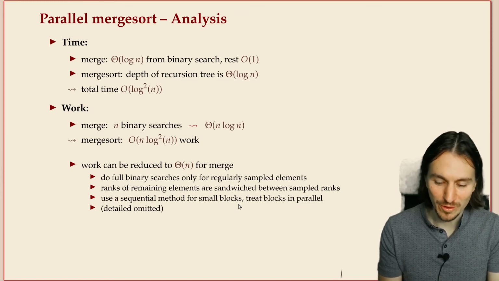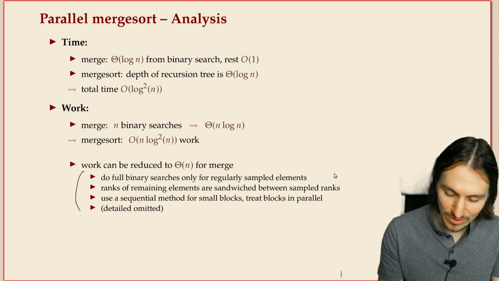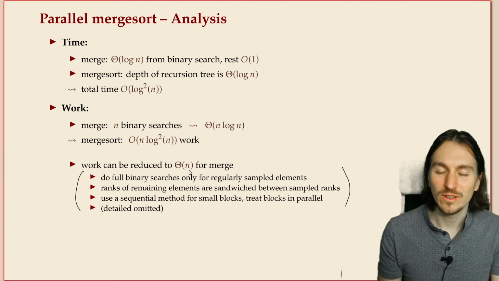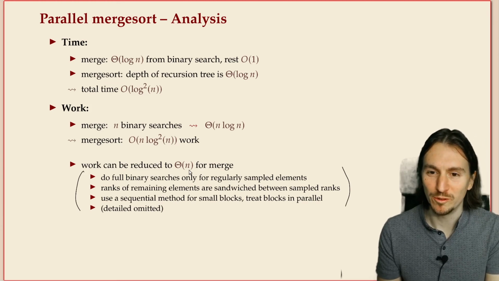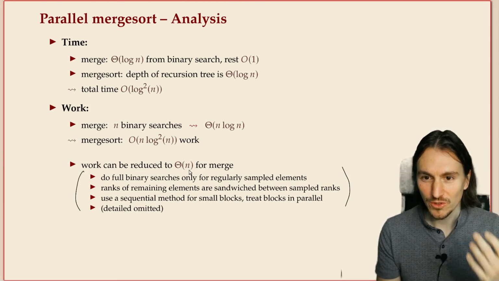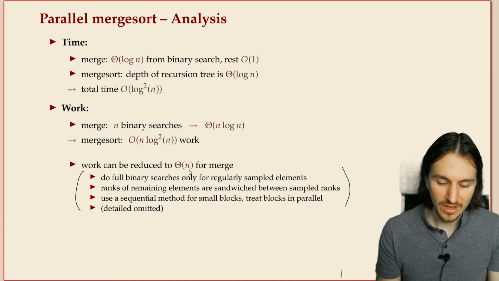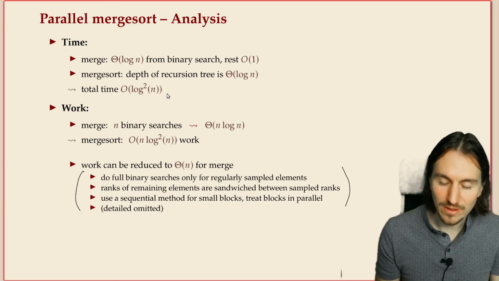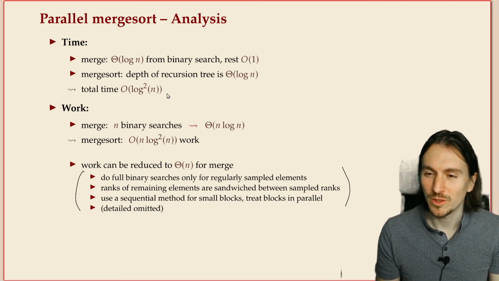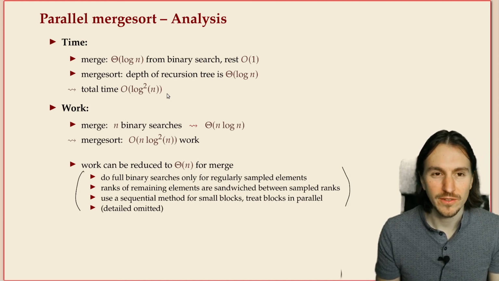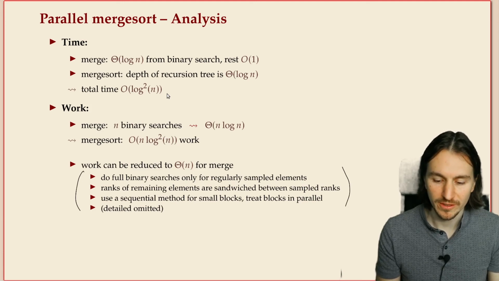So no details for that. Essentially just the claim here that linear work, again, is possible for Mergesort. So you can also turn parallel Mergesort into a work-efficient sorting algorithm. And again, you get the parallel time log squared, which is a really good speed up in practice.